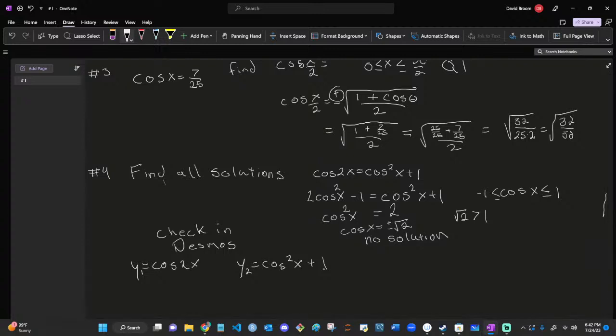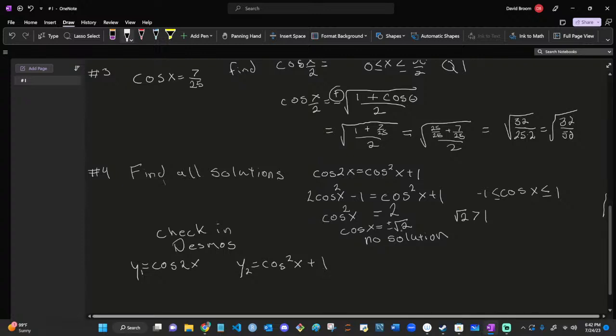Yeah, and so these two graphs don't intersect.